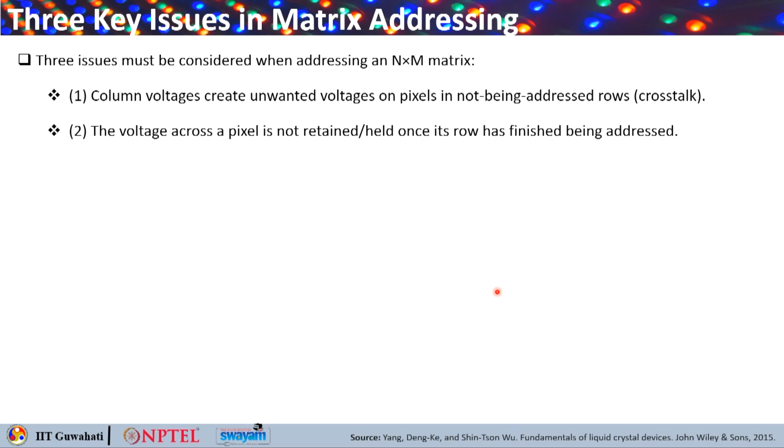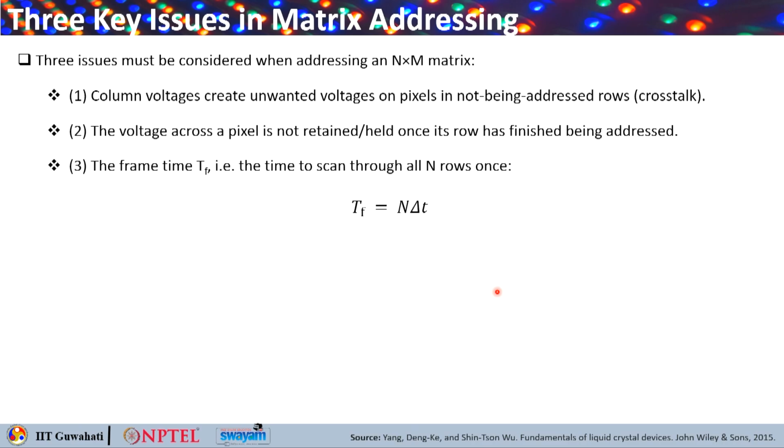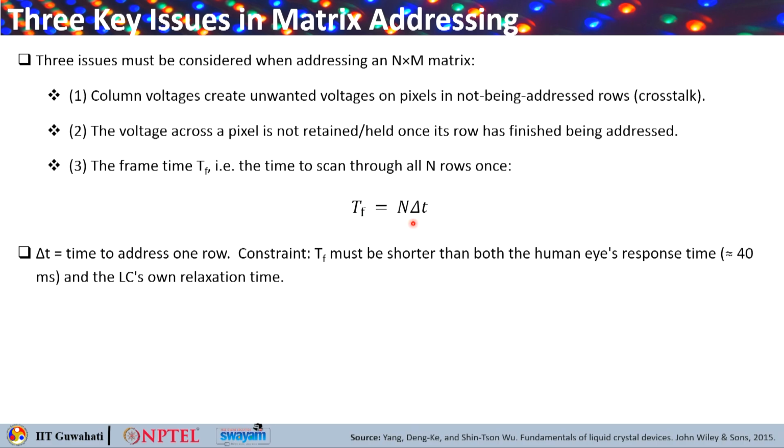After the scanning is over, that voltage is not held, and the frame time, that is the time to scan all n rows once, will simply be Tf equals n times delta t. Say there are n rows and each row requires delta t time, so delta t is nothing but the time to address one row.